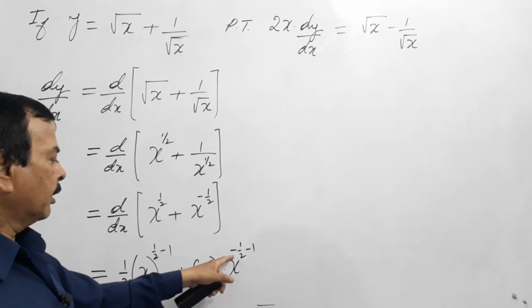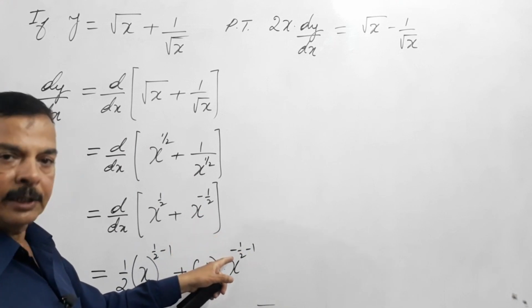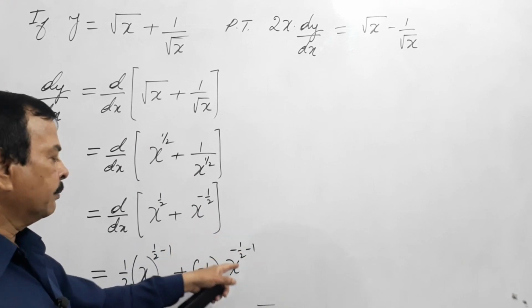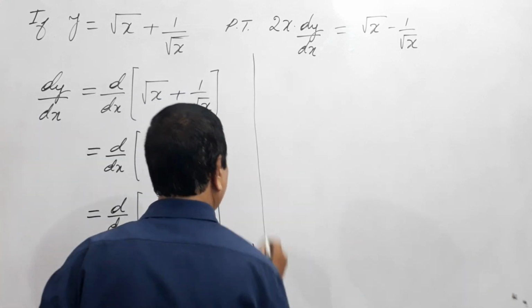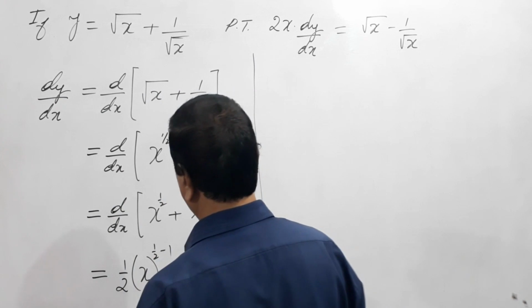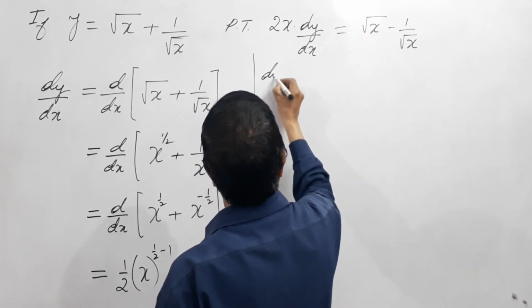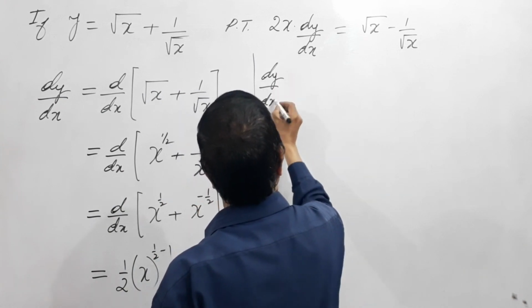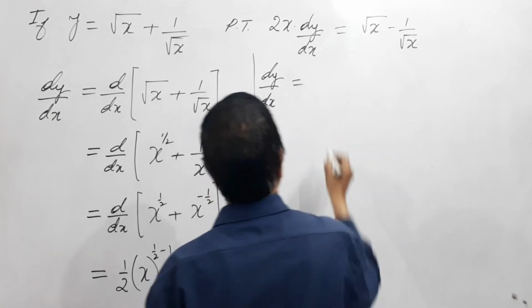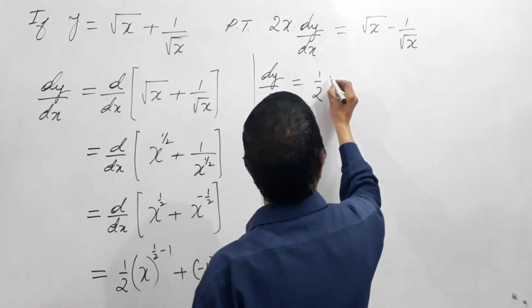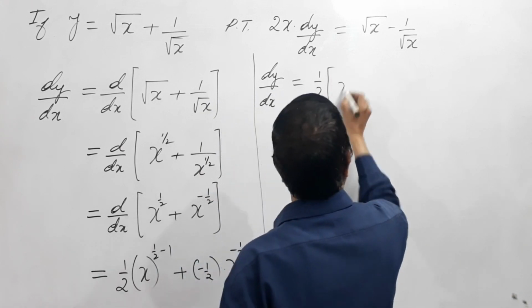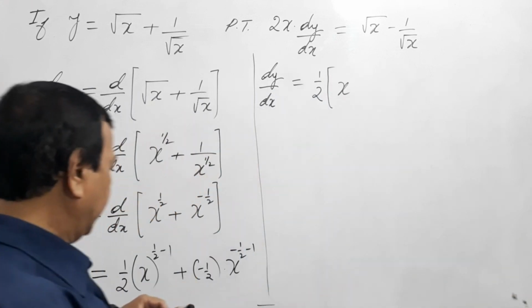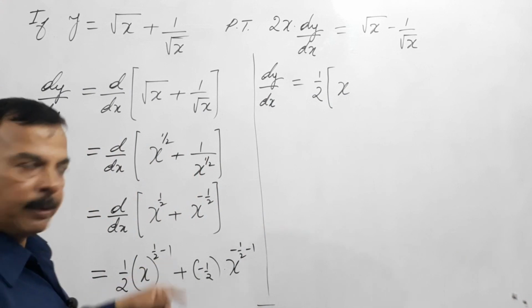So the value of n is minus half. So this minus half minus 1. I will take a line here. So we solve this. What happens to this? Left hand side dy by dx. So this becomes half into x to the power of, we get half minus 1 is minus half.